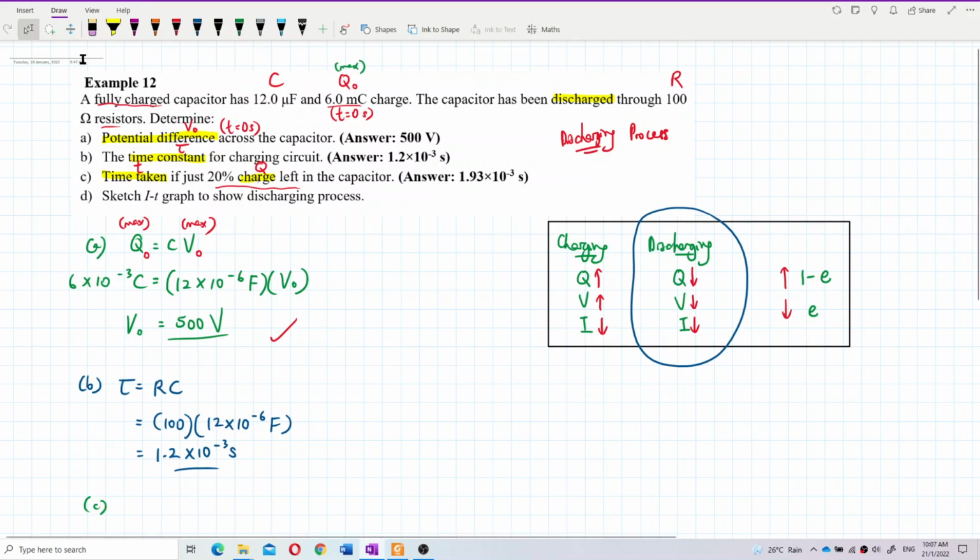So what formula are we going to use? We're going to use the formula for charge under the discharging process.